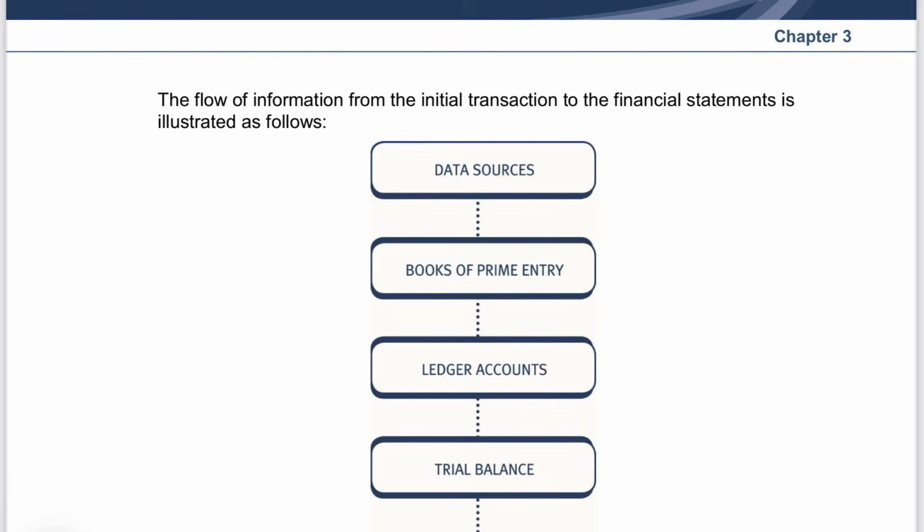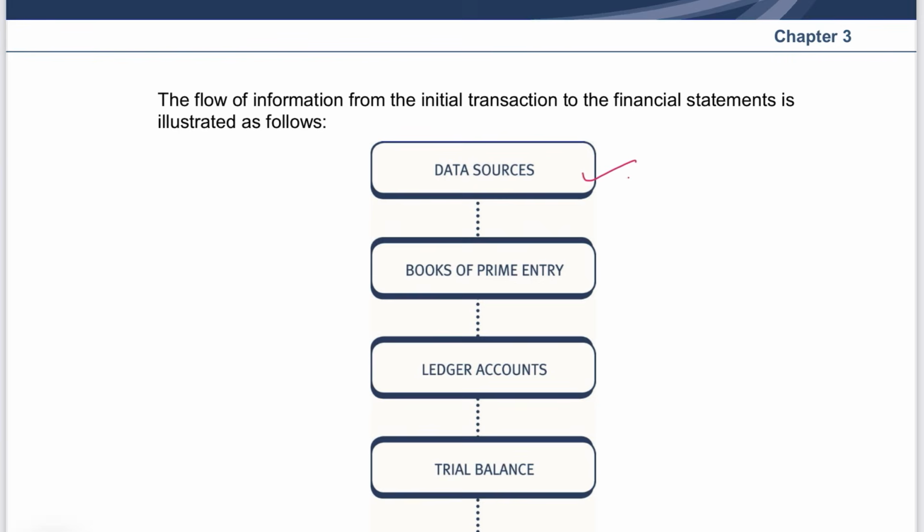Now let's understand the flow of information from the initial transaction to the financial statements. As I told you before, the evidence that allows you to record the transaction is the source document, right?